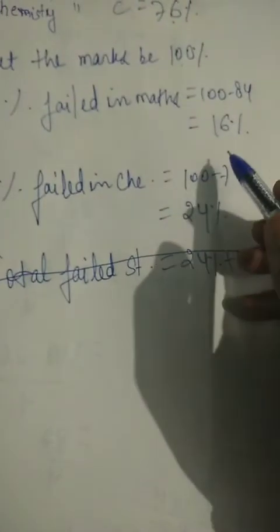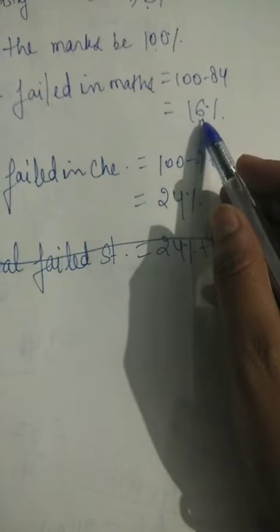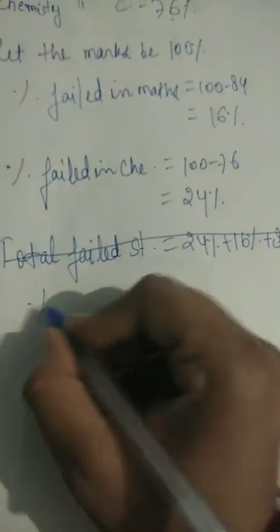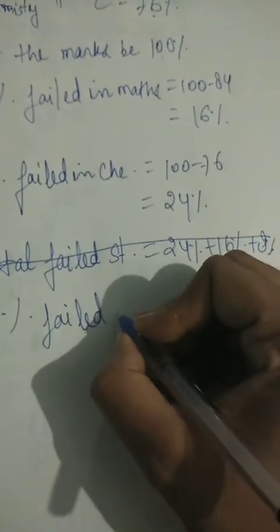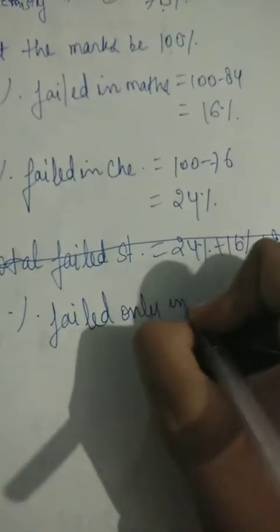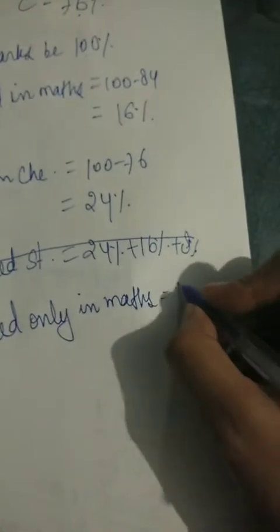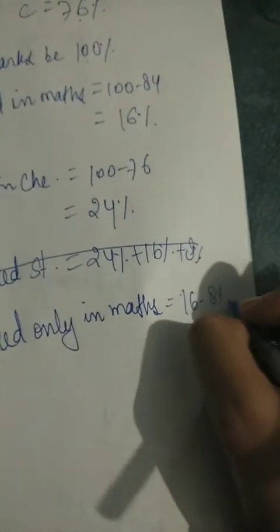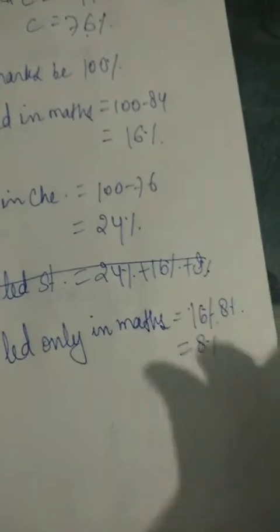instead of finding the total candidates failed, you have to first find the percent of candidates who failed only in maths. So percent failed only in maths is equal to 16% minus 8%, which is equal to 8%.